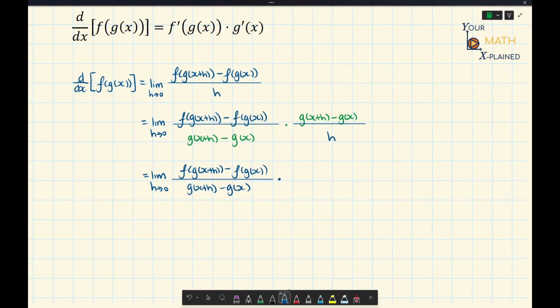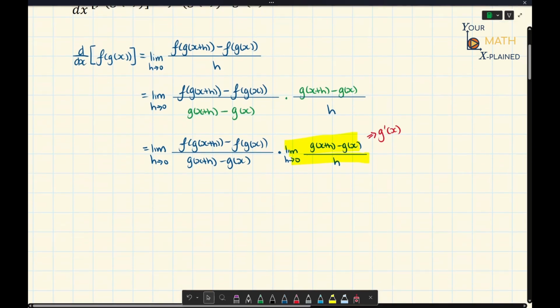And we multiply this by the limit as h approaches 0 of g of x plus h minus g of x over h. And now the second part, that is just the limit definition for g prime of x. So this is g prime of x.